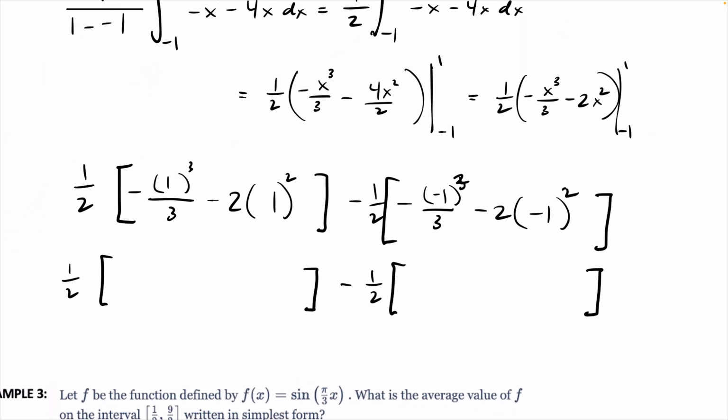Okay? So let's see the first guy. -1 cubed, or 1 cubed is 1 times -1 is -1, so I get -1/3. Minus 1 squared is 1 times 2 is 2.